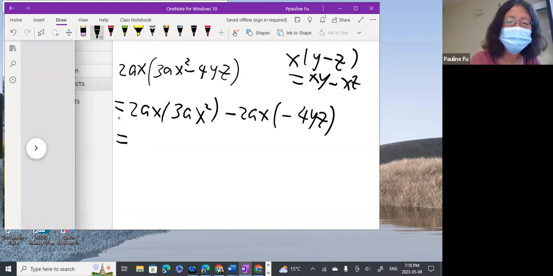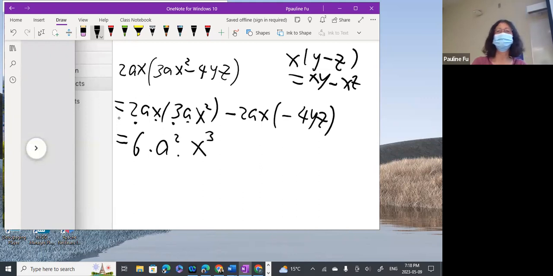And now 3 times 2 equal to 6. A times a squared. X times x squared, x cubed. And then negative times negative.